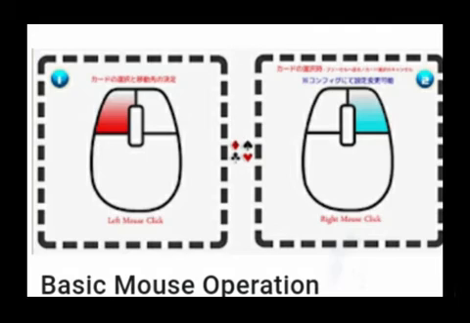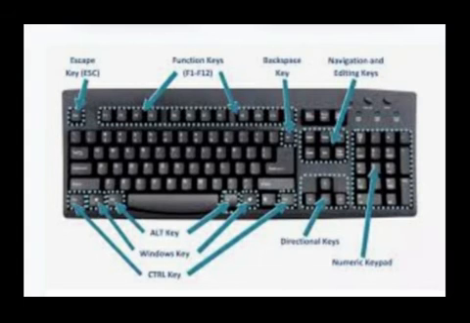Most of the time we use the left click, and with the right click a context menu appears for cut, copy and other operations. In the keyboard, the most familiar keys are enter, space bar and tab. When we type something we use the space key, and the enter key for moving to the next line. Like that, many key buttons are there on the keyboard.